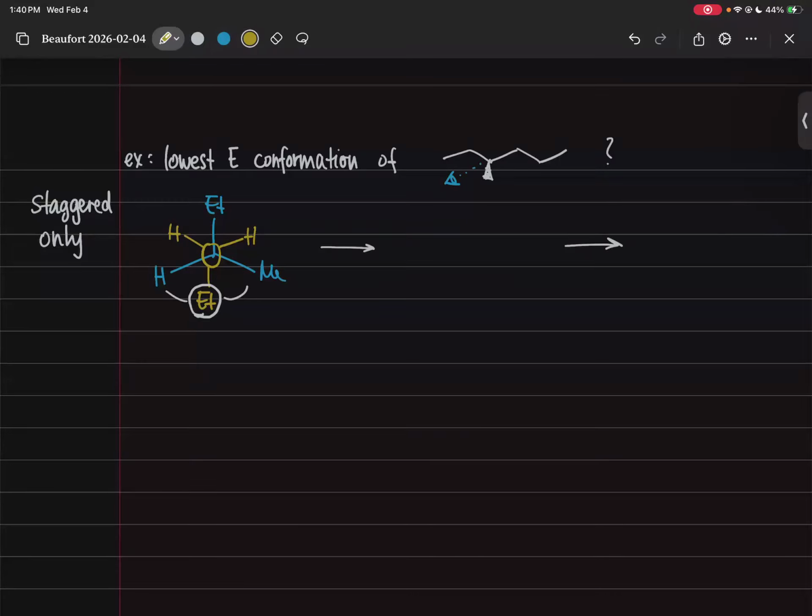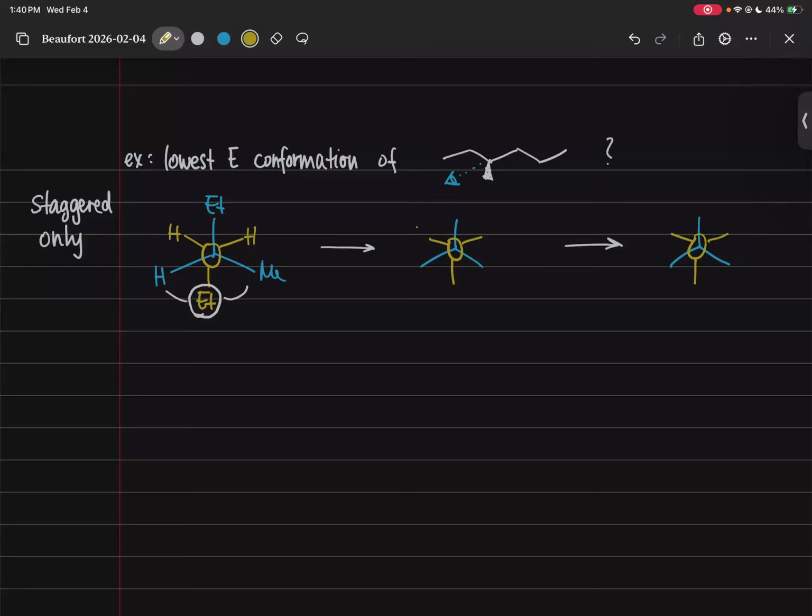So what I'm going to do is do 2 rotations, right? We've got 3 positions on each carbon. And so we need to make all 3 conformations that are possible here.